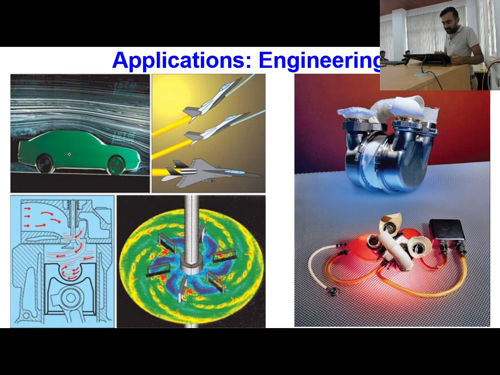Here you can see the model of a car, and over this car model some experiments are performed to determine the flow field. And this is a typical representation of an aeroplane at 3 different angles of attack. This is an engine. In this engine, a mixture of air and fuel is entering.